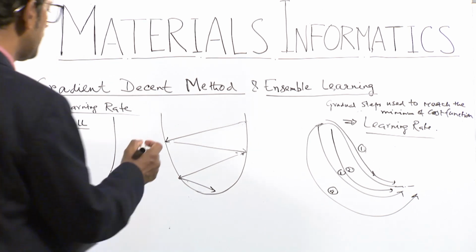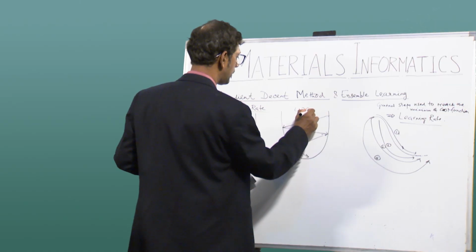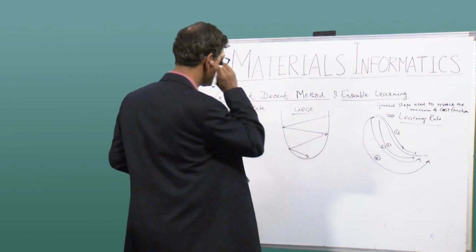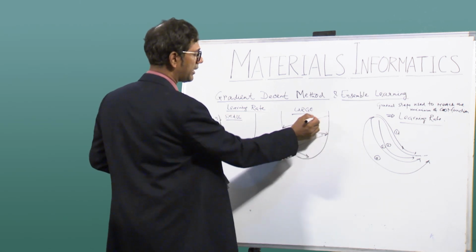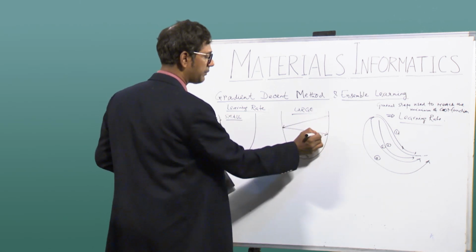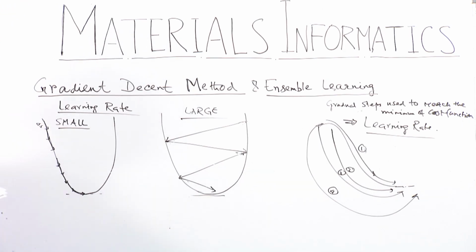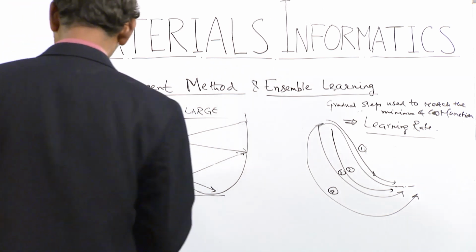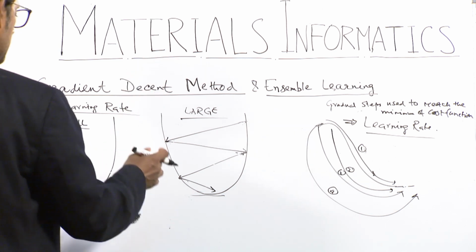But on the other hand, if you use large steps, a large learning rate, what will happen? You can clearly see here, I have taken a large step, I am jumping over. From here I jump here, from there I jump here, from there I jump here and reach the minimum point. What will happen here? The algorithm may take huge steps, and it may actually overshoot the minimum point.